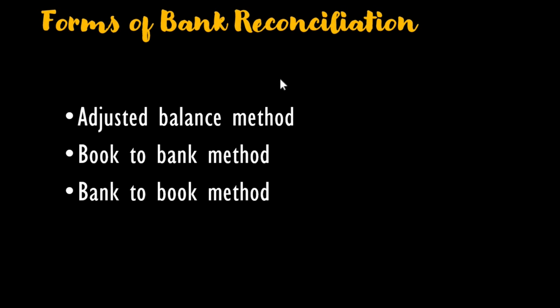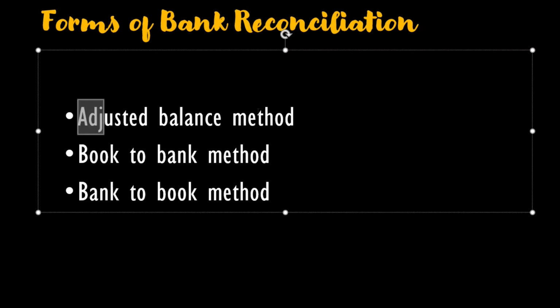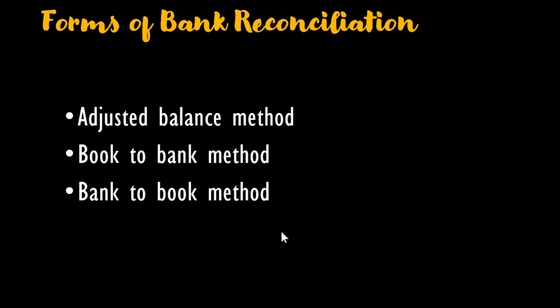Now, among the 3 forms of bank reconciliation class, ang gagamitin natin every month is ito talagang adjusted balance method. Bakit? Kasi itong adjusted balance method, ito yung method na magbibigay sa atin ng correct cash balance.